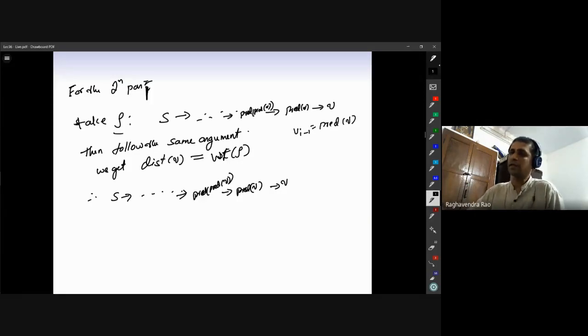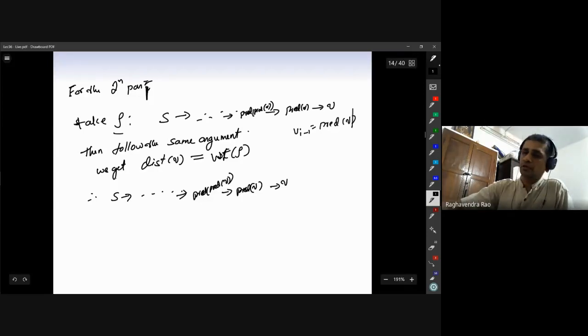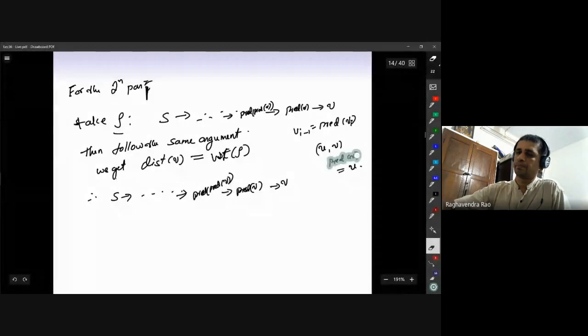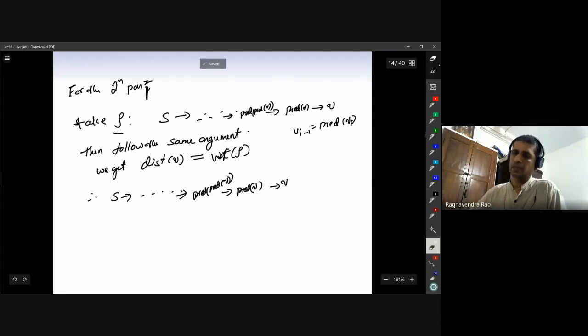The way we have defined the predecessor relationship, predecessor will be updated only when you apply relax with respect to that edge. So for any edge, predecessor of V will be set to U only if relax UV happened. Otherwise there is no way it will happen. Do you still see a circular argument there?